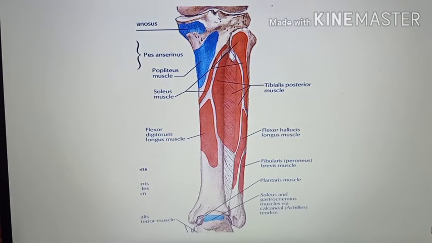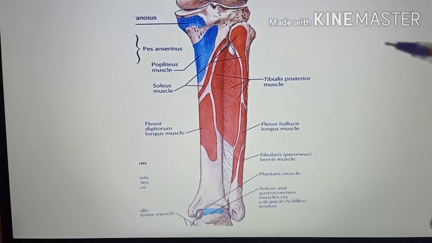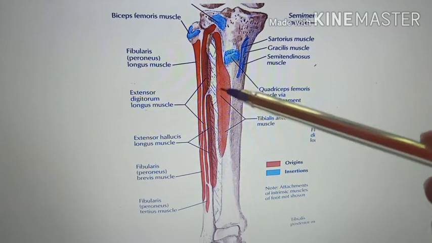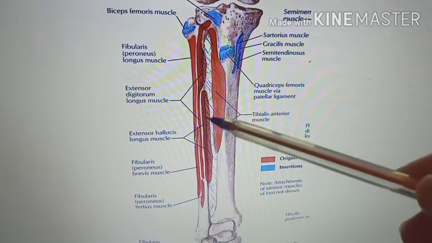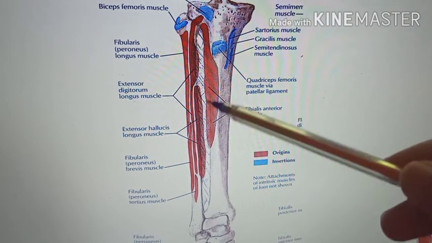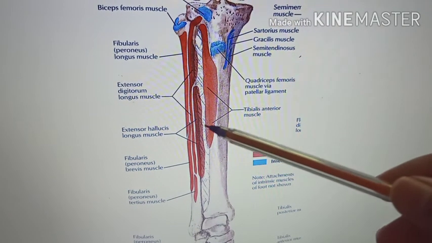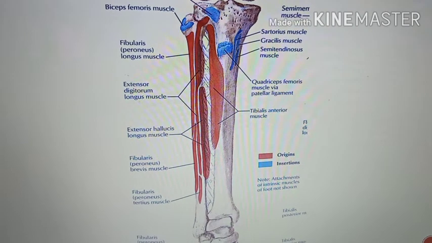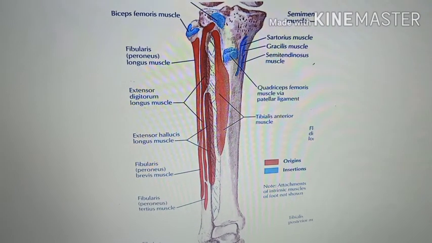Fourth, it partitions the flexor and extensor compartments of the leg. Anterior to the interosseous membrane, as seen from the front, is the extensor compartment of the leg, and behind the interosseous membrane is the flexor compartment of the leg.